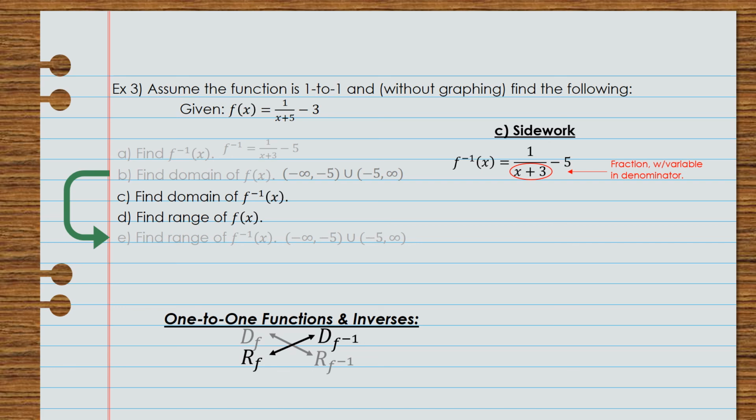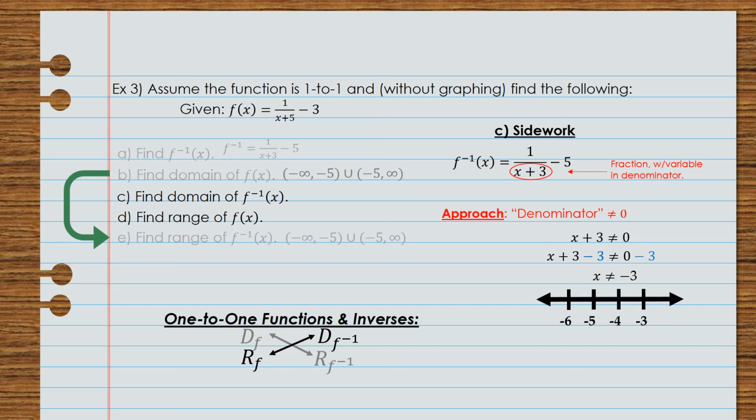So recall, the approach to find the domain is to set the denominator cannot equal 0, which in this case is x plus 3. So we need to solve for x by subtracting 3 on both sides, and we find x cannot equal negative 3. So we found the number it cannot be, but what does this look like on the number line?